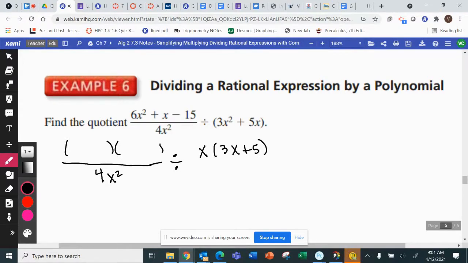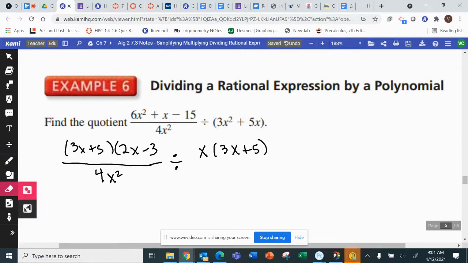What'd you get? 3x plus 5, 2x minus 3? Okay, very good. Another thing that might be helpful if you're stuck factoring the first one is that me factoring the other part might give you a hint on what to try.